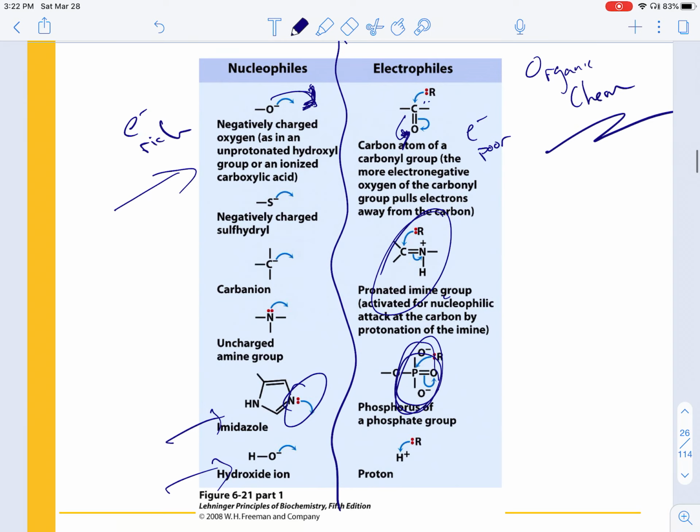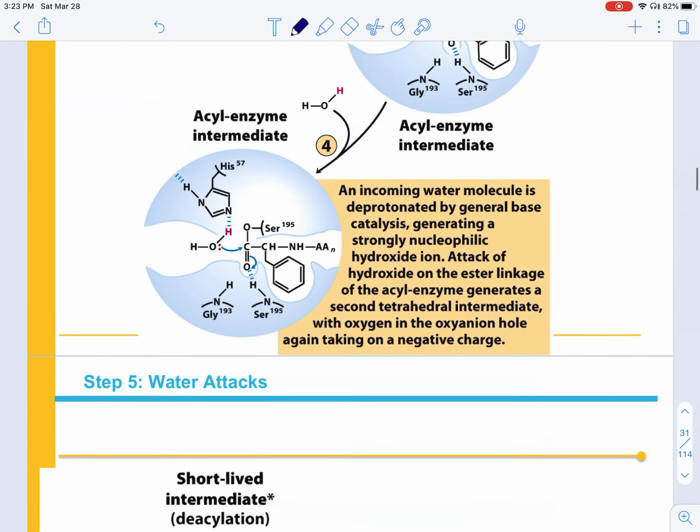For our purposes, if you don't know what a mechanism is, you can almost always get by by looking for a carbonyl carbon. Almost 8 times out of 10, nucleophilic attack of a carbonyl carbon has something to do with the mechanism of action. So if you ever get lost, just go for that one.